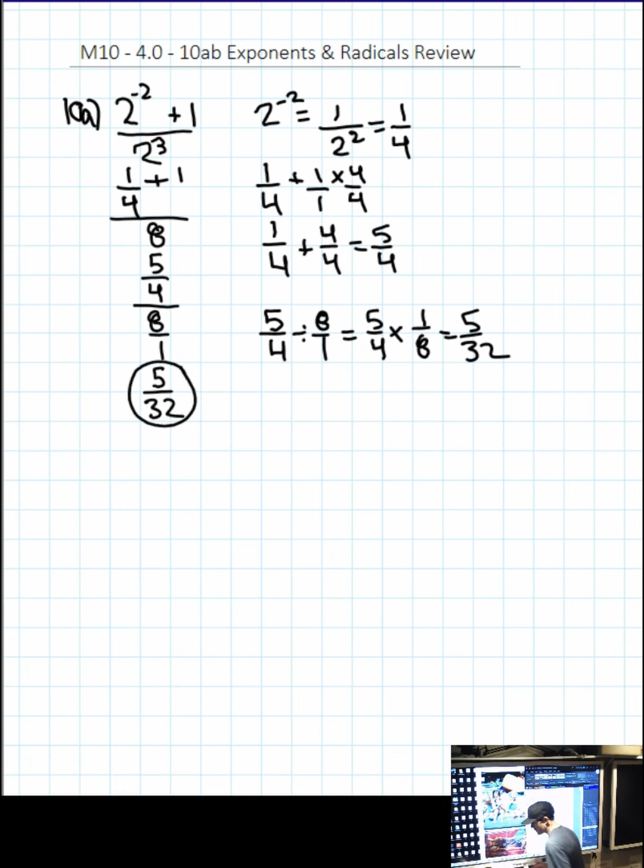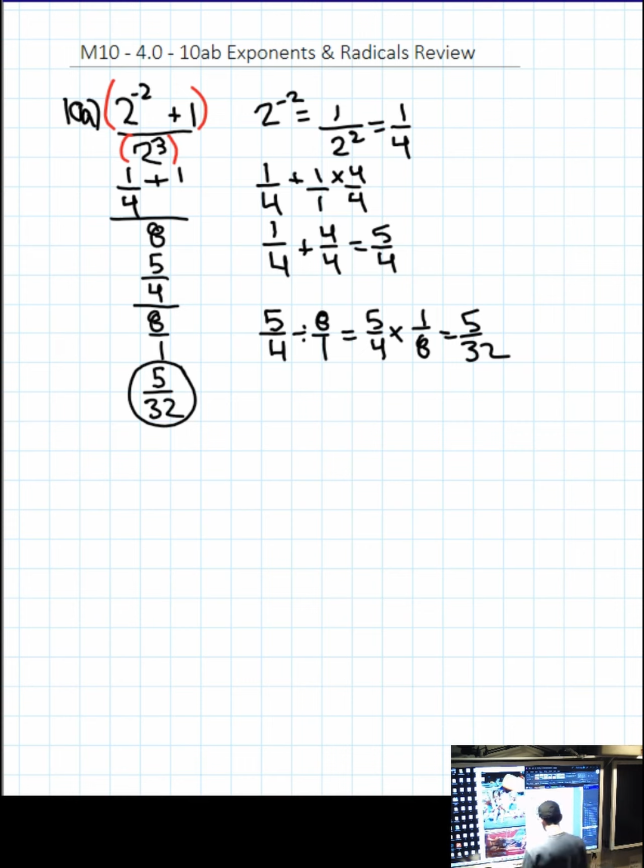Circle our answer. Now, this is going to be a little bit more difficult to check our answer. So in order to type it in the calculator, we have to make sure to put brackets around the top and brackets around the bottom in the question, like I just did in red.